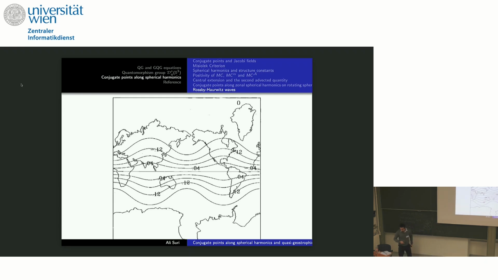But this is just the real part of that spherical harmonic at time 0, of that Rossby-Haurwitz wave at time 0, with some constants. And these lines show the level set of this stream function. This is the level set for z equals 0.